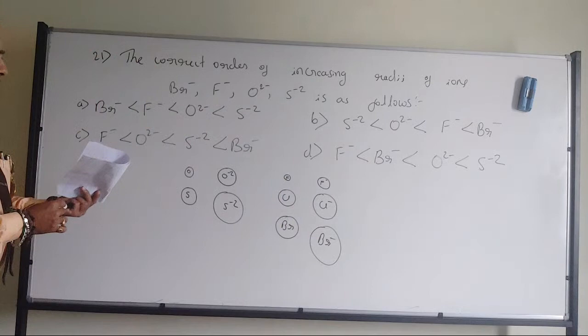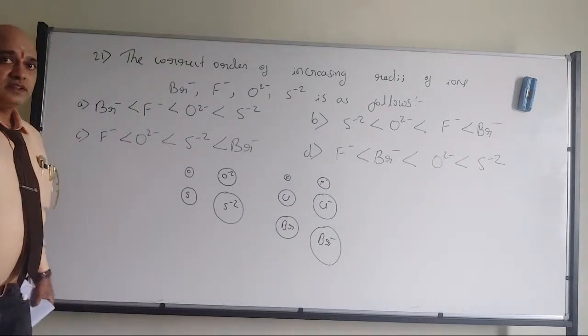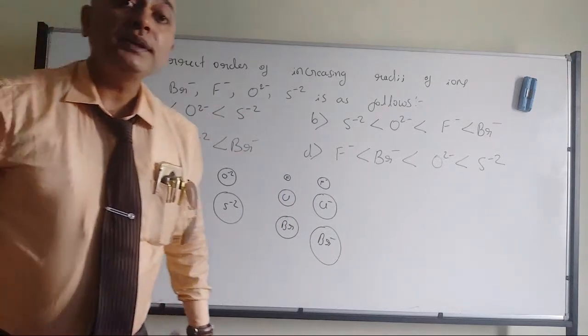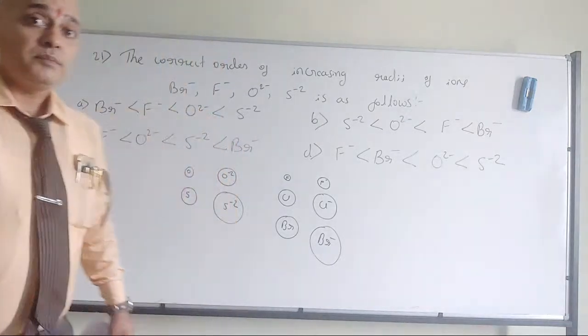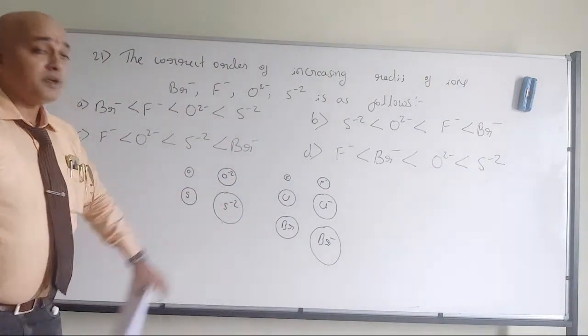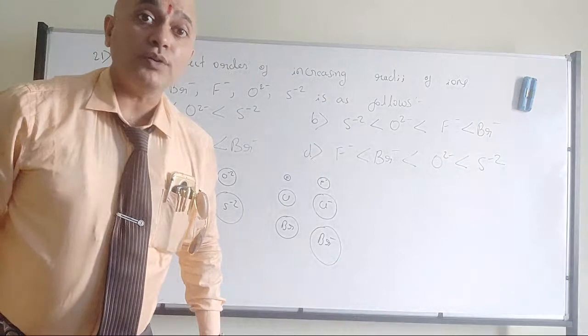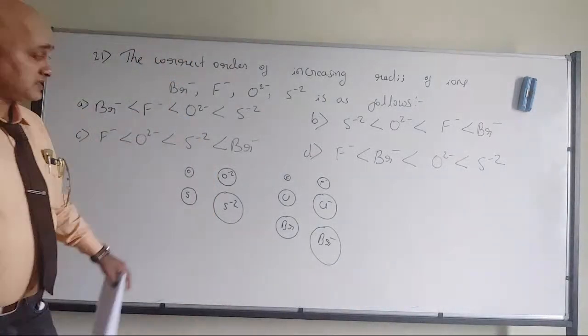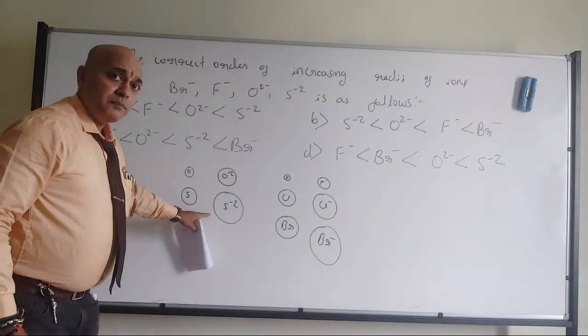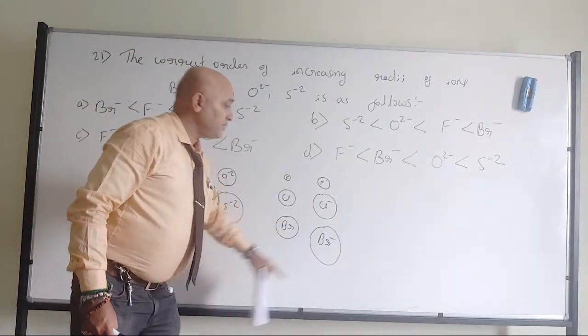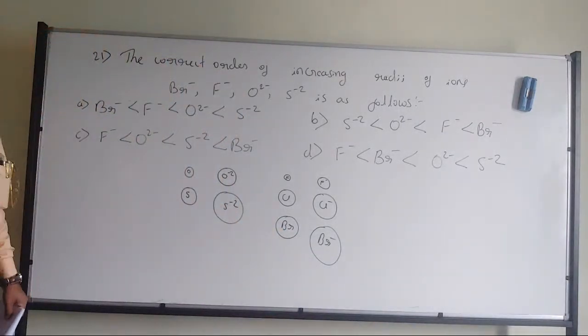This is where we have the ions. Sulfur belongs to period 3, but bromine belongs to period 4. So that's where we have the difference.